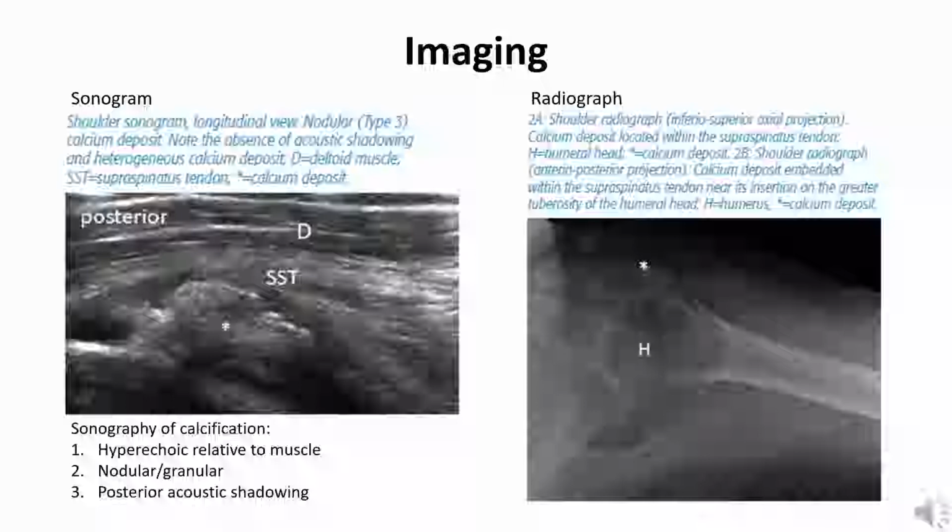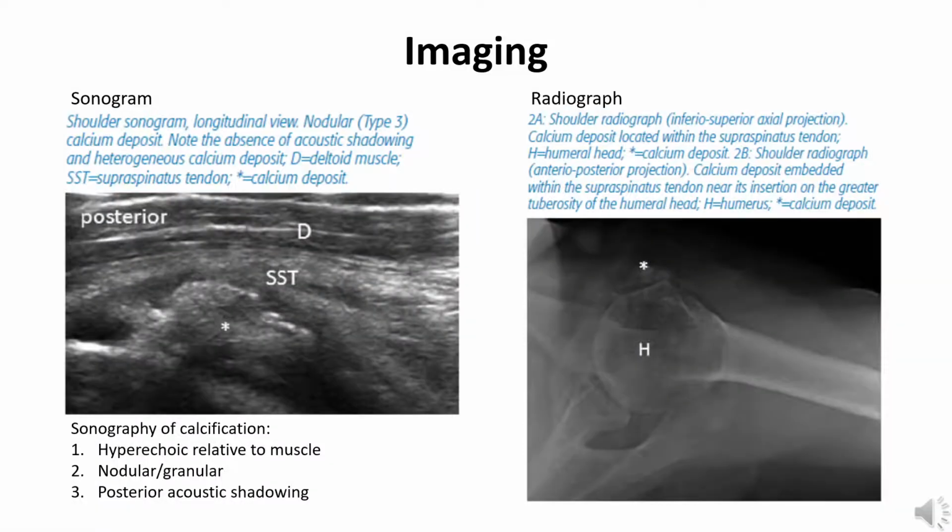The calcification, generally speaking, is hyperechoic relative to the muscle. It has a nodular and many times a granular appearance. And when the nodules are extremely hard, you'll typically see posterior acoustic shadowing. On the radiograph to the right, you'll also notice a small white asterisk showing a radiodense structure locating the position of the calcium.